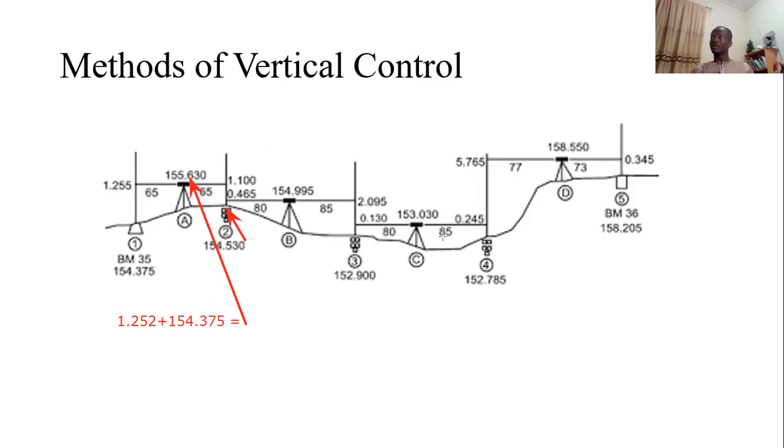There are two ways of doing leveling. You have the height of collimation, then you also have the rise and fall. You need to just take the test, look at it, and then you'll be able to get it. University student. We keep going, transferring from this point all the way. Are you okay? So we get to the point of interest.